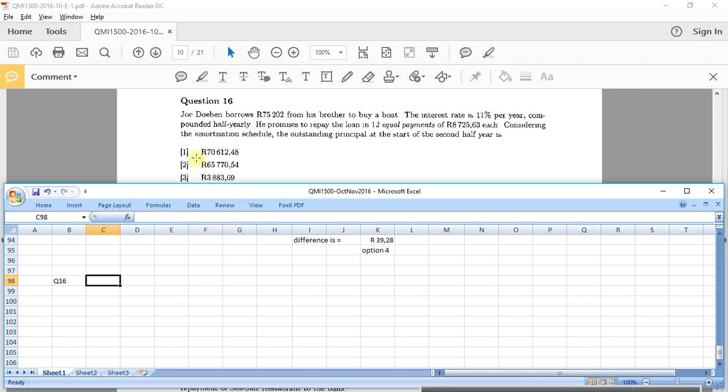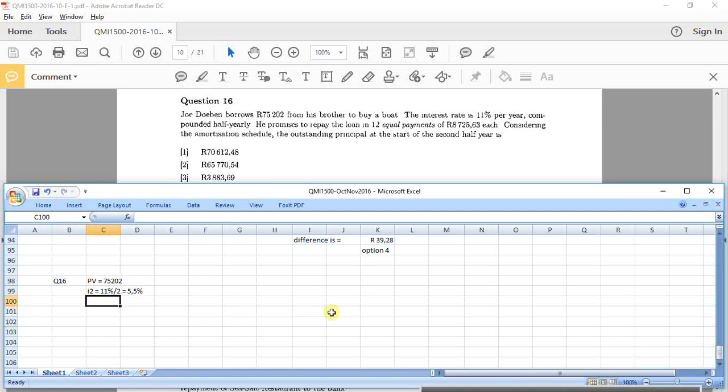Here you've got Joe borrowing that amount, 75202, from his brother to buy a boat. The interest rate is that, compounded half yearly. That's important because half yearly means N is times by 2. So PV would be 75,202, and the rate I2 would be 11% divided by 2, which is 5.5%.